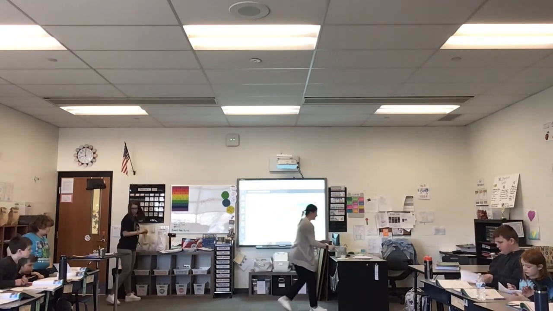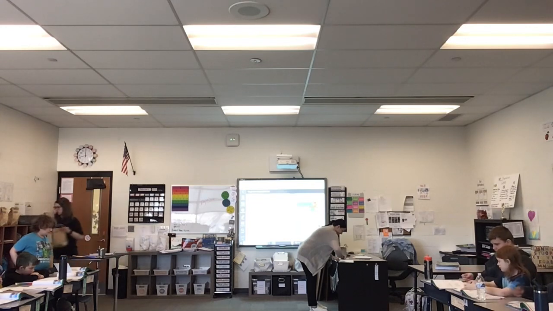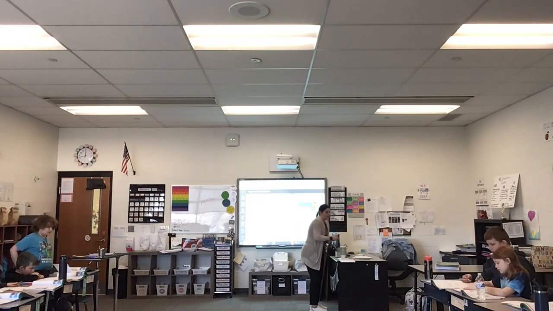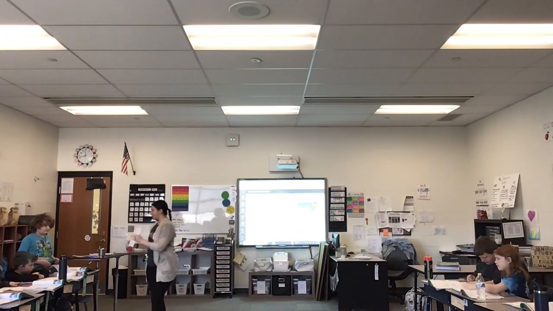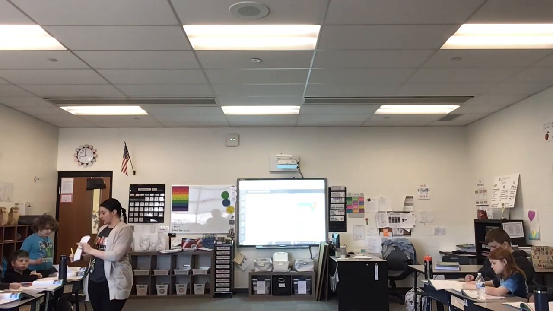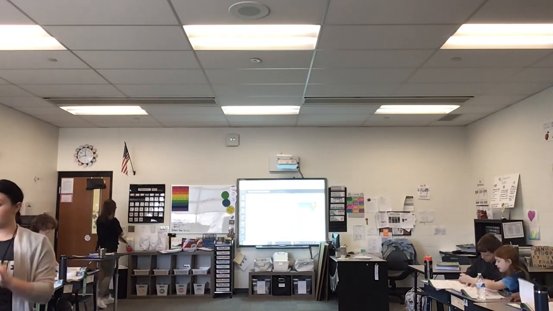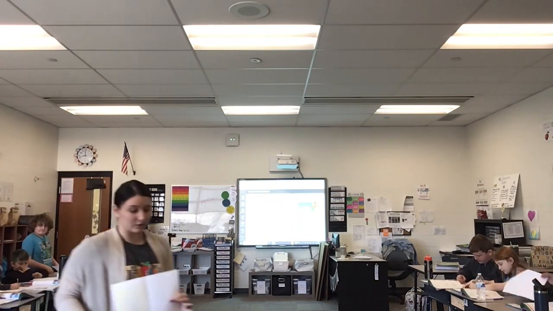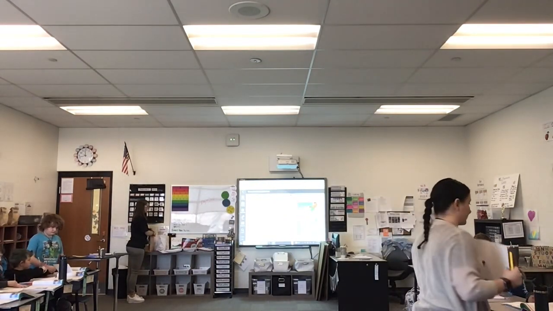So let's color in 1/2. It doesn't have to be perfect. I kind of scribbled mine. You don't have to fill the whole thing in. You see how I did that? That's how your paper should look. Okay? We have to use our crayon. Okay, do you see how mine looks? This is how yours should be looking.